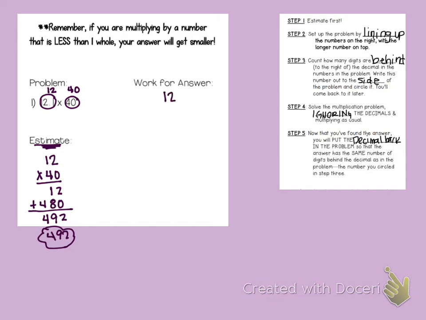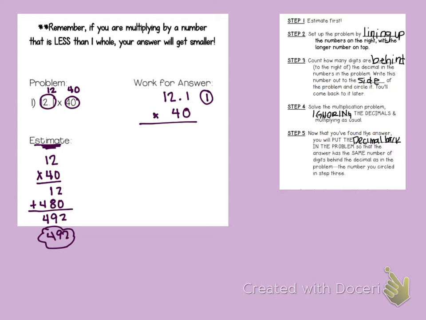So now let's set it up with the decimal. We line the numbers to the right. That's what this is right here. Okay. Recount how many numbers are to the right of the decimal? 1. So remember it said to place that 1 off to the side and ignore it.